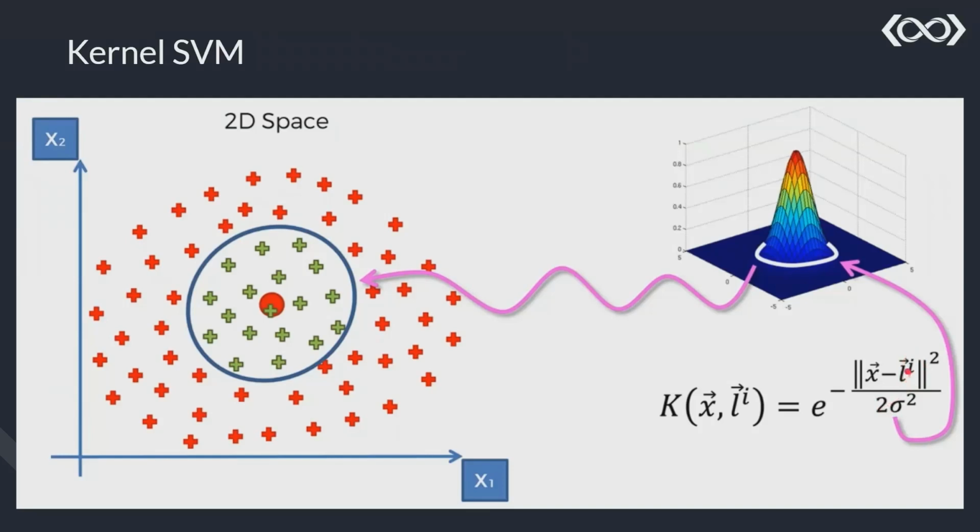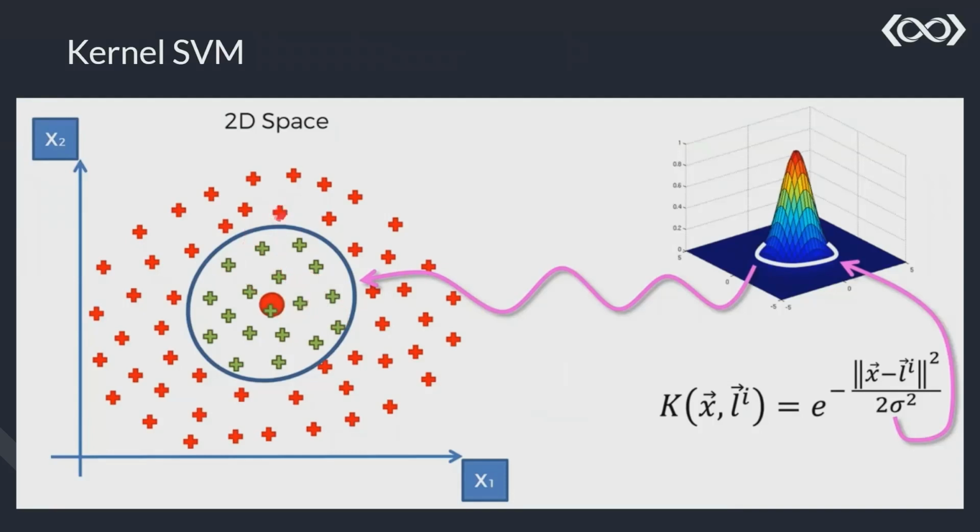Then 1 upon e to the power something normal is not 0, it will be greater than 0. So if the k value for this x and this L is greater than 0, then this is inside the circle.